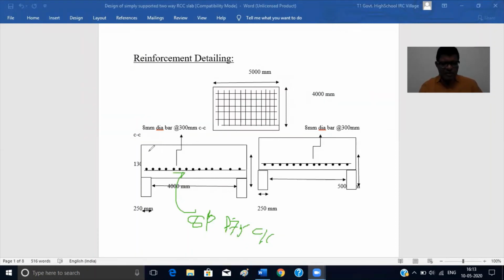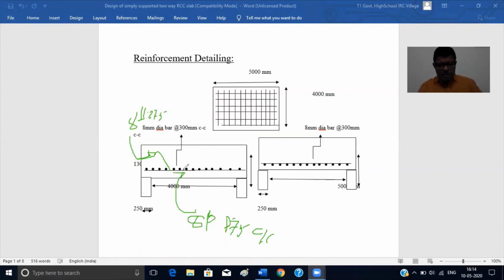These are not distribution steels. If something is left here, the bars are bent up 50%, and you have to provide this steel also here. So these steels are the distributor steel, which is 8 mm at the rate of 275 or something, whatever value you get.